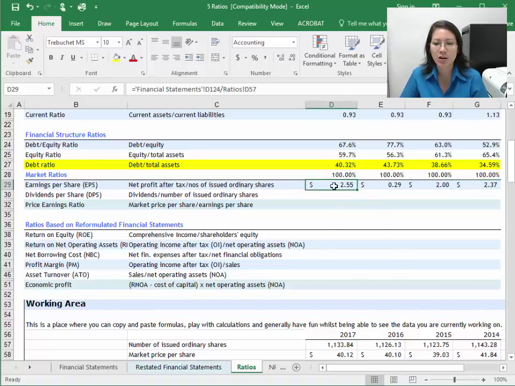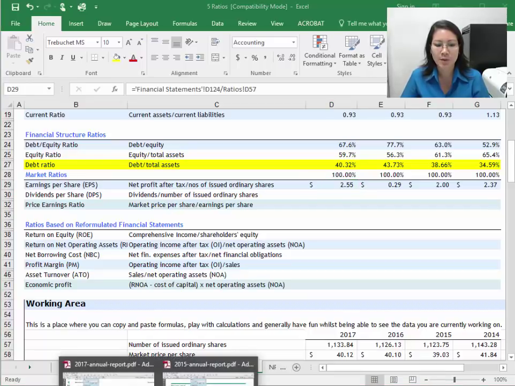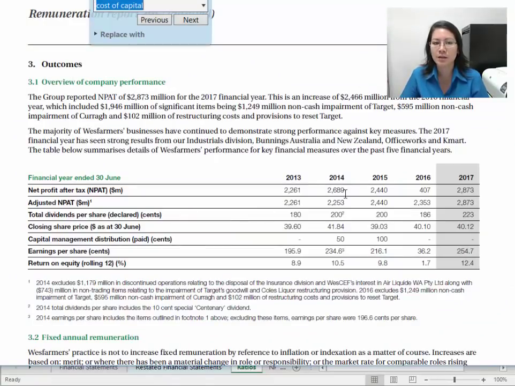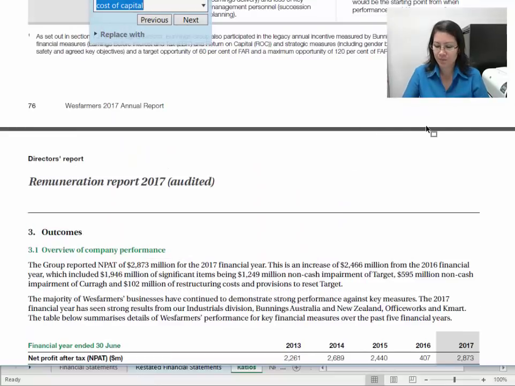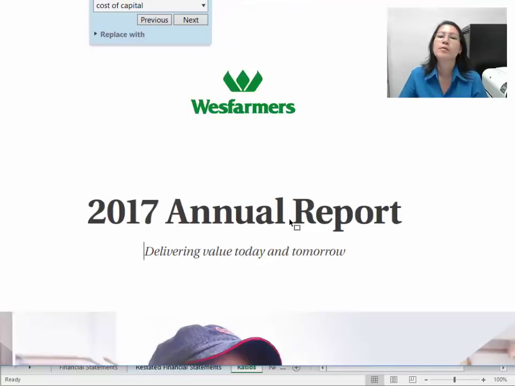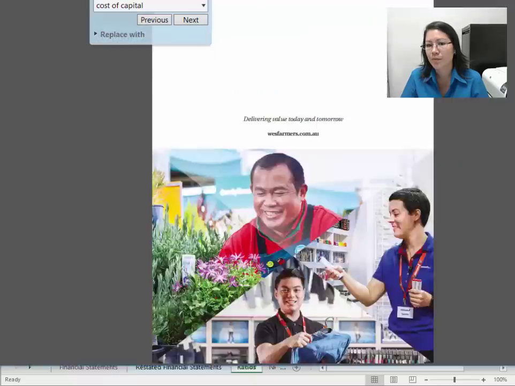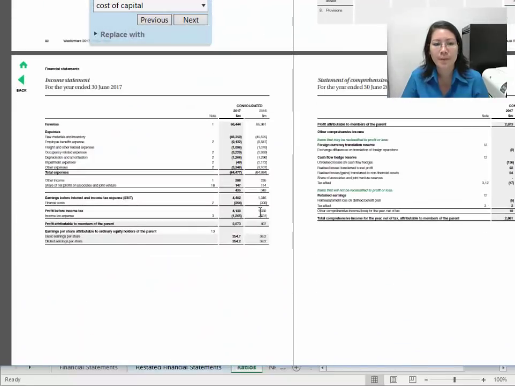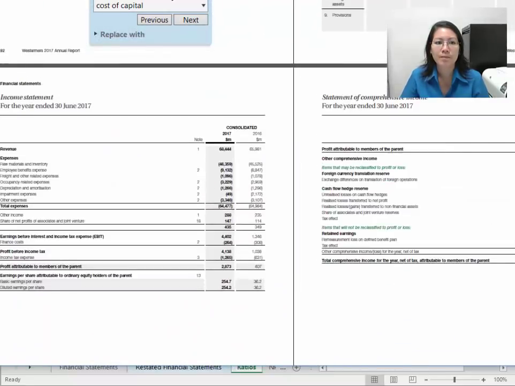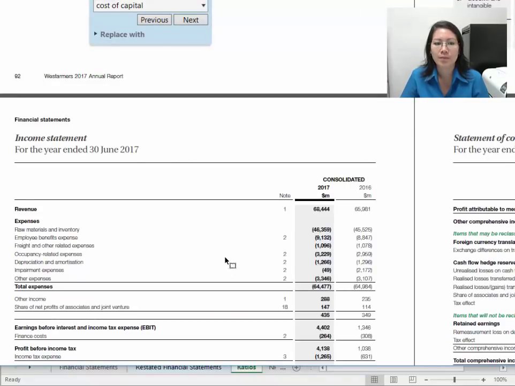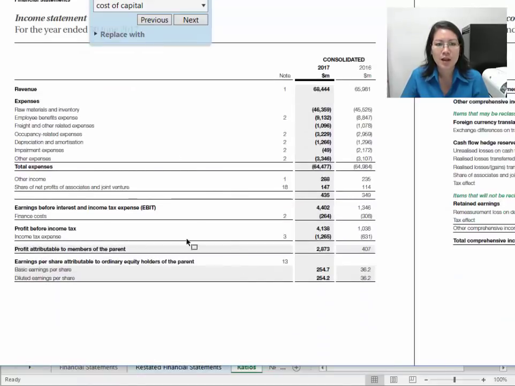So in 2017, I calculated earnings per share of $2.55. Wesfarmers in 2017, let's just go to their financial statements. So in the income statement here, they've calculated the earnings per share.